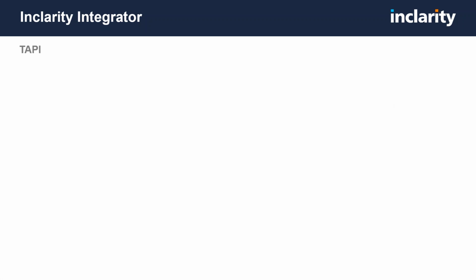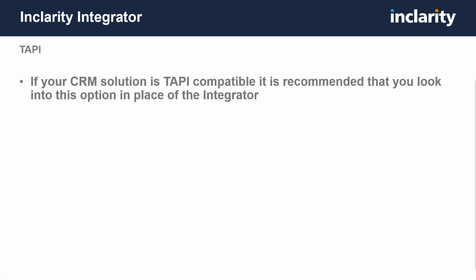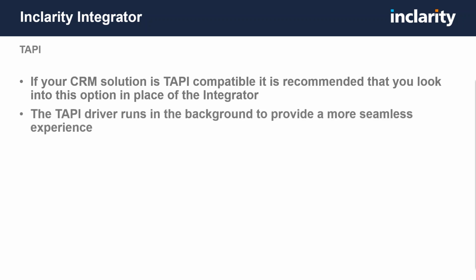TAPI. In instances where your CRM or application database is TAPI compatible, it is recommended that you look into this as an option in place of the Inclarity Integrator. The TAPI driver is designed to sit in the background running on a user's PC, while the third-party TAPI compatible application itself shows you and allows you to dial your telephone calls itself.